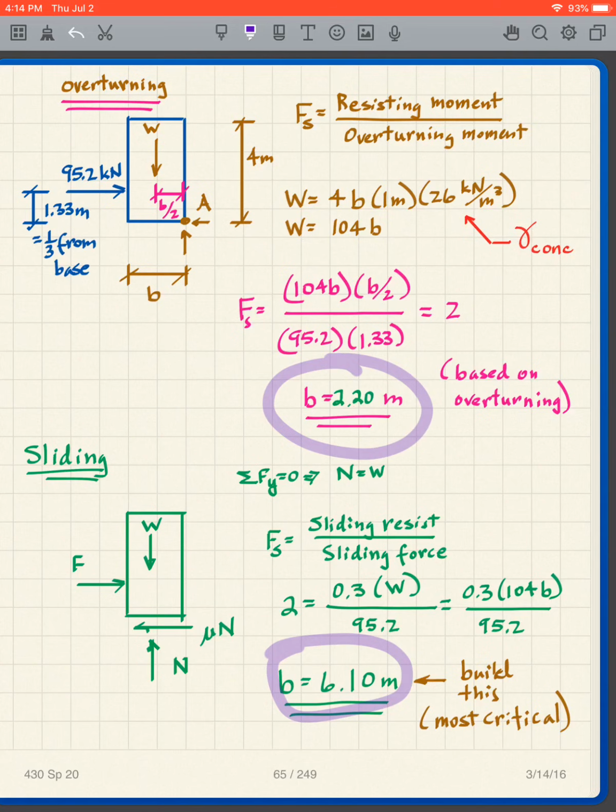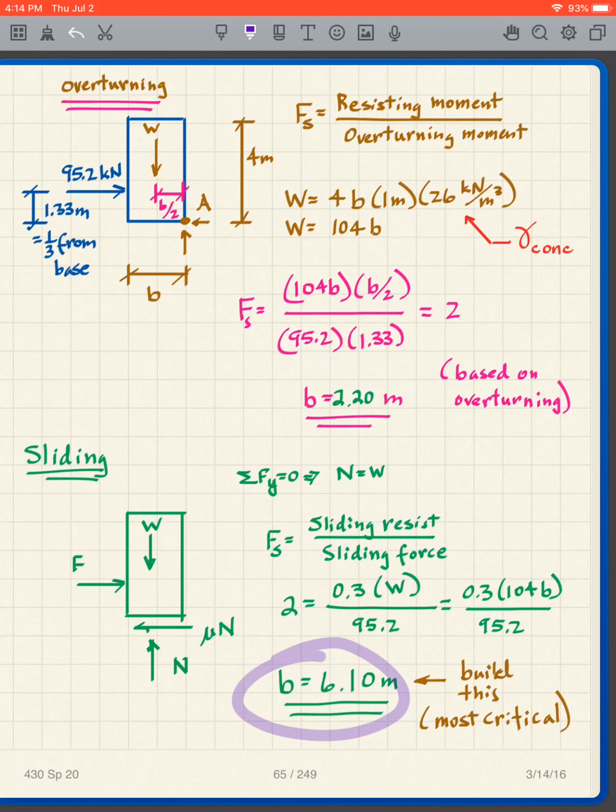I have to have a factor of safety of 2 for both conditions, so this is my answer here, I need to build this as 6.1 meters. It's a huge wall, and this is one of the reasons we don't build a wall like this. I'm using this as an example showing you how huge a wall needs to be to resist these forces if you're just going to build a simple gravity wall like this.